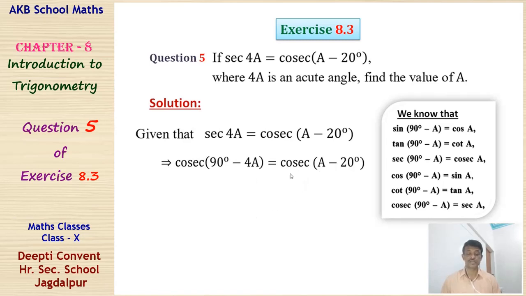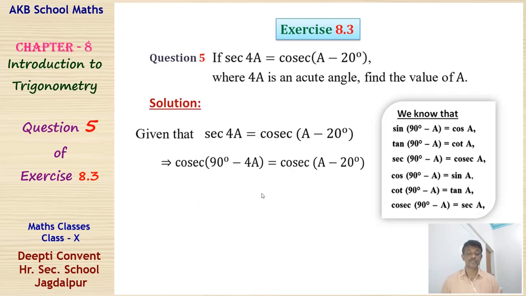Here is a minus 20, and here 90 minus 4a, which is also an acute angle. The ratios are the same but the angles are different. So when the ratios of acute angles are the same, we can equate the values of the angles, not cancel out cosec.